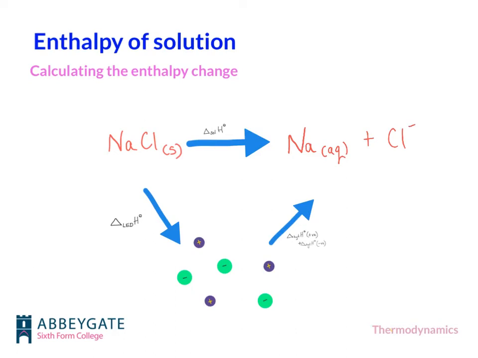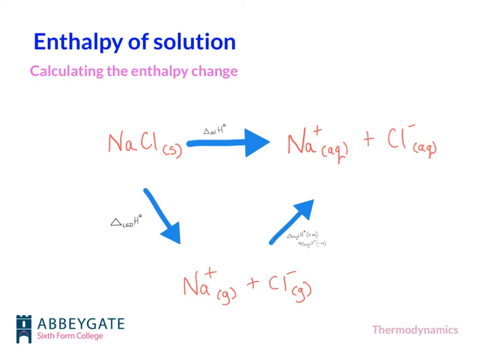So 1 mole of sodium ions hydrated and 1 mole of chloride ions hydrated. And to work out that enthalpy change, we need to go to the imaginary state where we've got 1 mole of gaseous sodium ions and 1 mole of gaseous chloride ions.